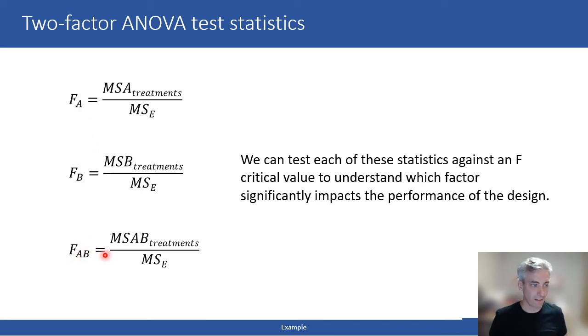So we can calculate the F statistic, and we can also look up in the tables or using Python the critical value corresponding to the degrees of freedom for each of these ratios. And if this F value is greater than the critical value, then the treatment or interaction would be significant.